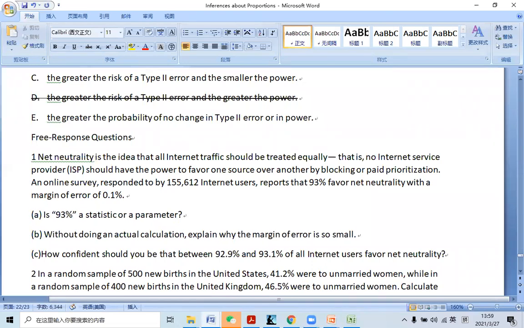The question is, number one, is 93% a statistic or a parameter?